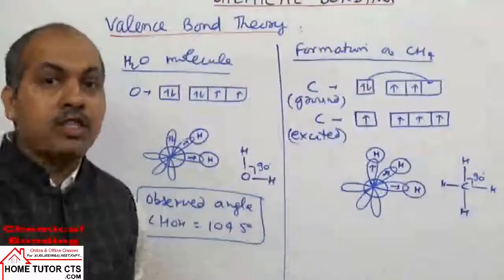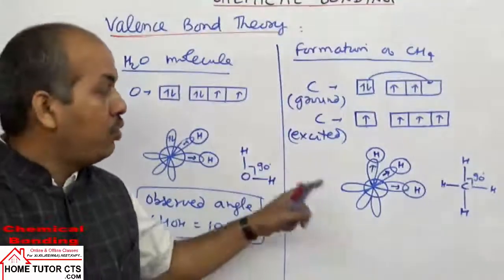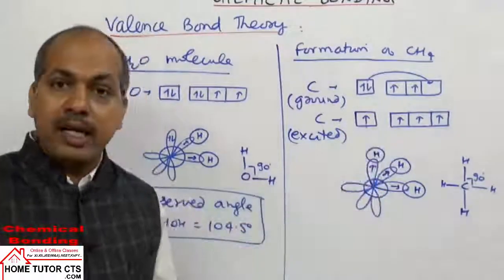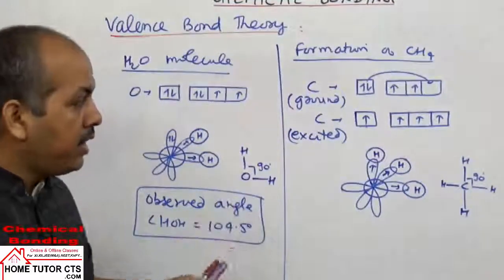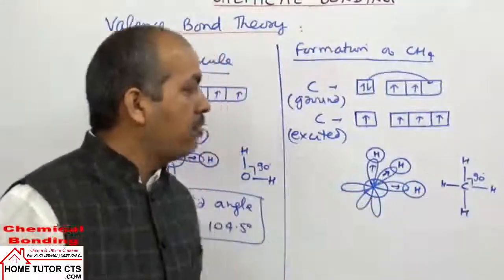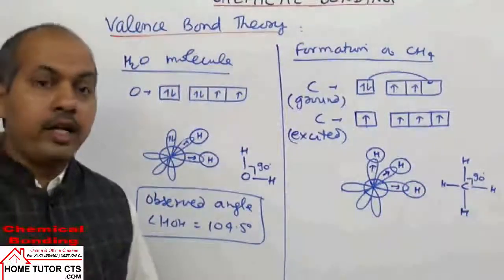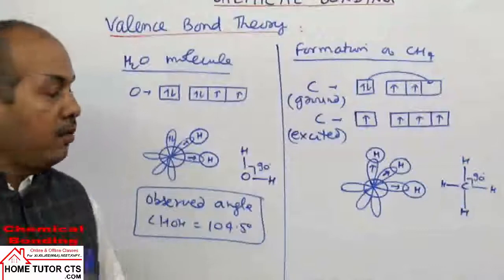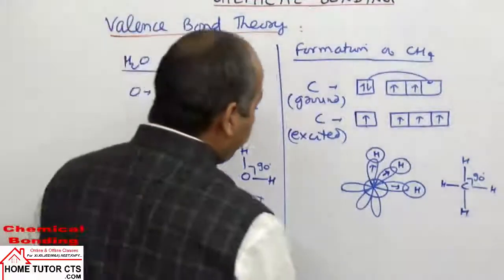We can have infinite possibilities of overlapping of hydrogen's s orbital with carbon's s orbital. Anyway, the H-C-H bond angles would be how much? 90 degrees. But what is the actual bond angle in the methane molecule?